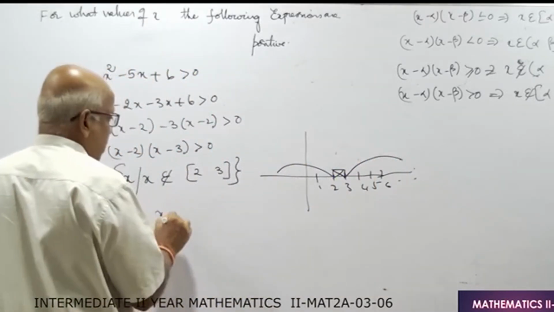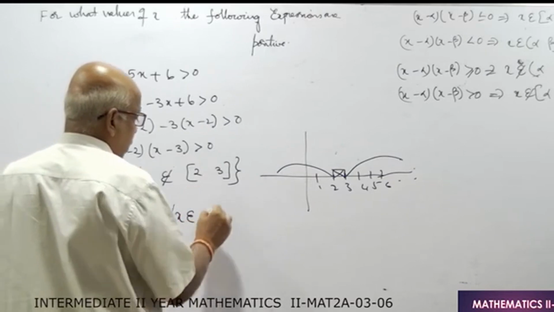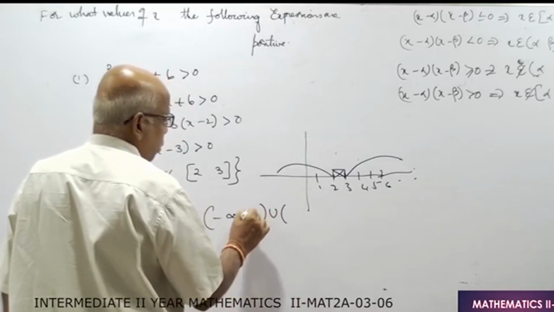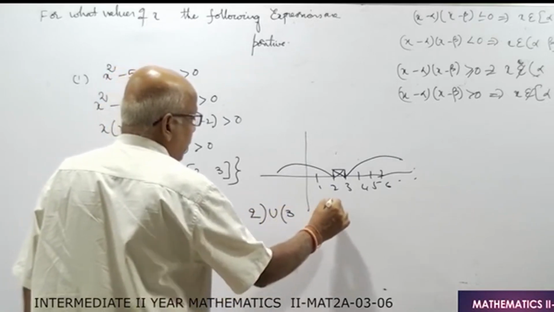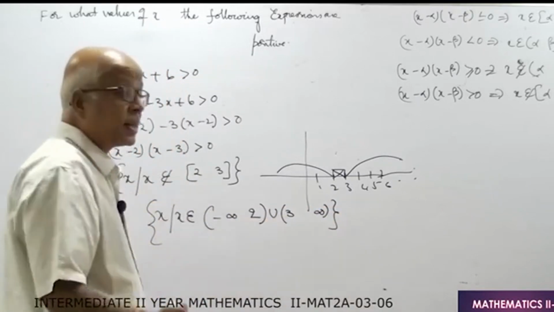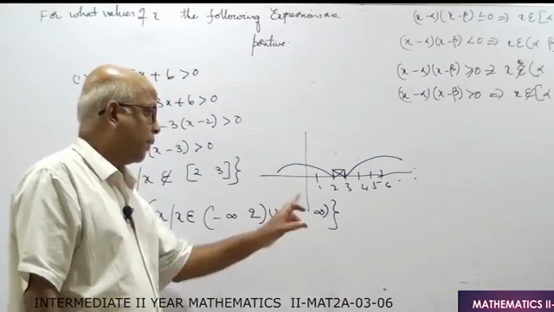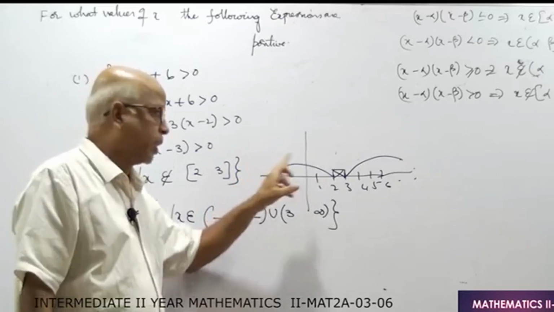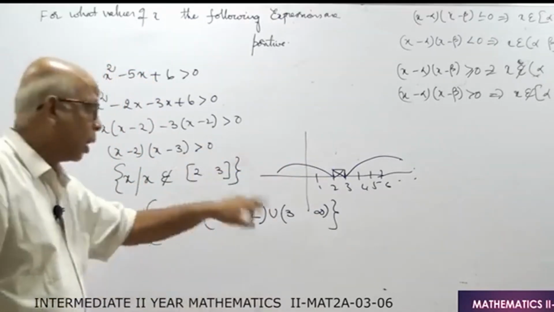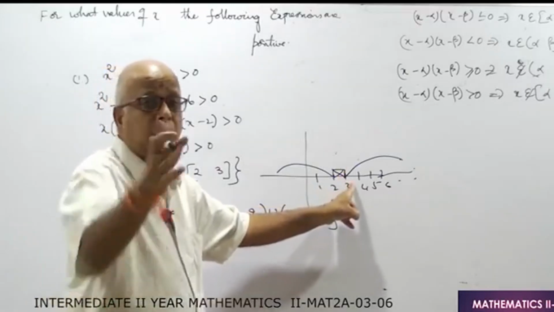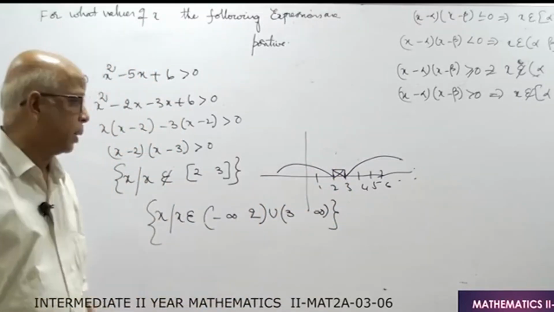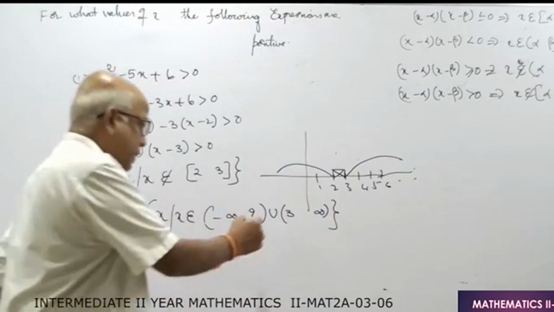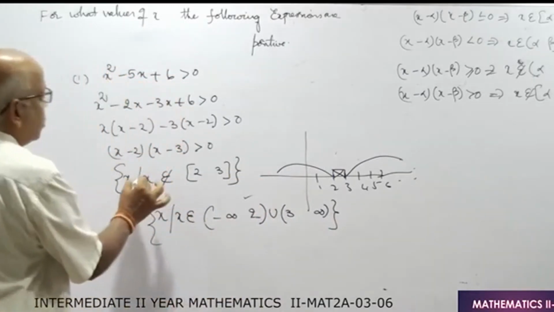That is, x belongs to minus infinity to 2 union 3 to infinity. What is the meaning of this? x is a number which can take values below 2. Below 2, how many numbers are there? Infinitely many. That's why minus infinity. Or x can take values above 3. After 3, how many numbers are there? Infinity. So above 3, infinity. x should not take values between 2 and 3.